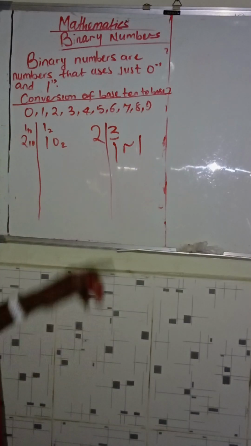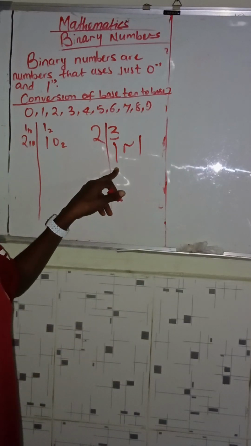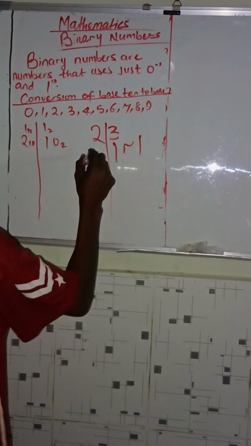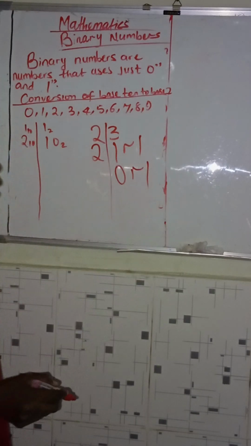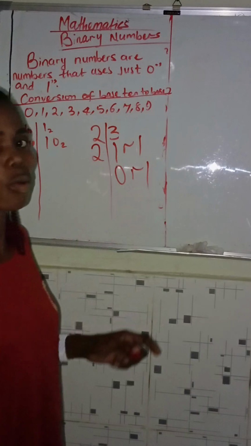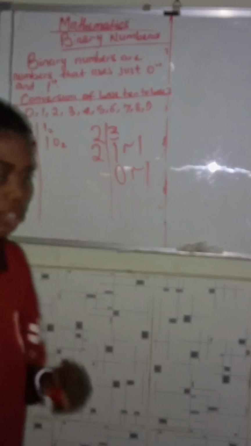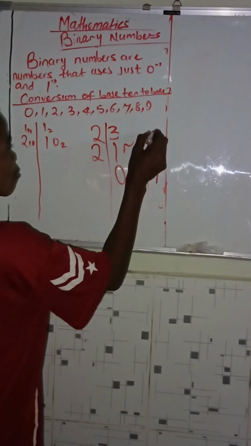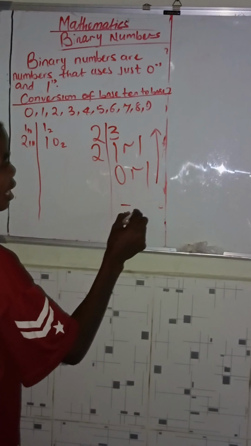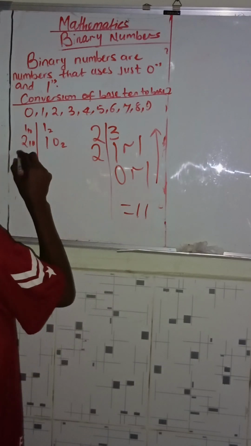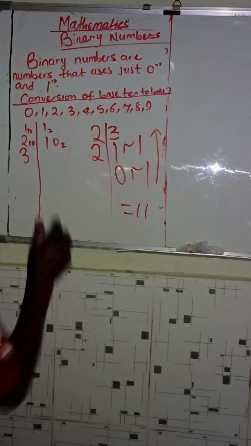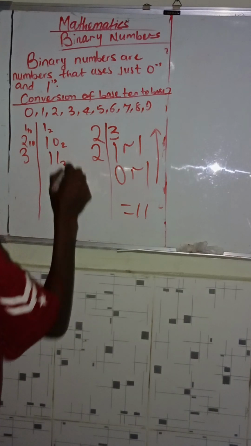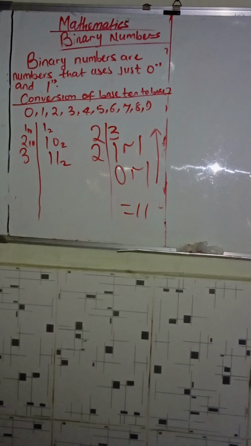I said that every time there's a 1 here, you still use 2 to divide. So 2 in 1 will get 0, remainder 1. Until you get a 0, remainder 1, you do not stop. Don't forget that. Then we go from the bottom to the top. What do we have here? 1 and 1. So 3 in base 10 gives you what in the binary number system? 11 in binary. Do you understand that?